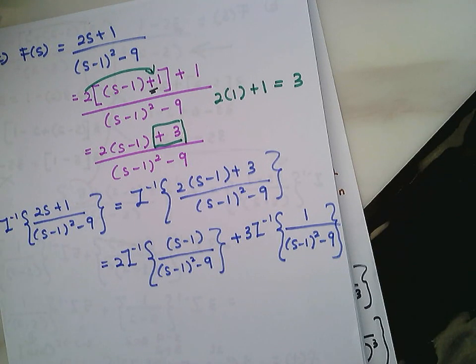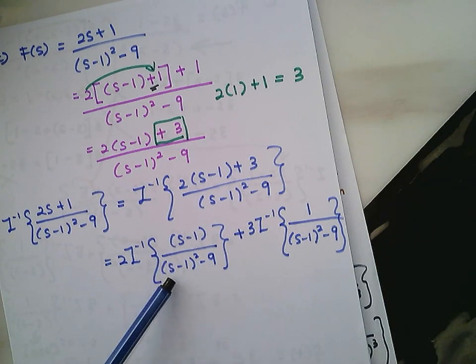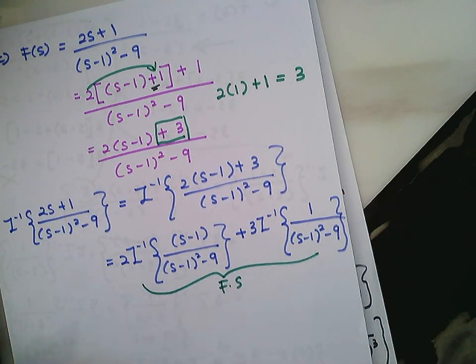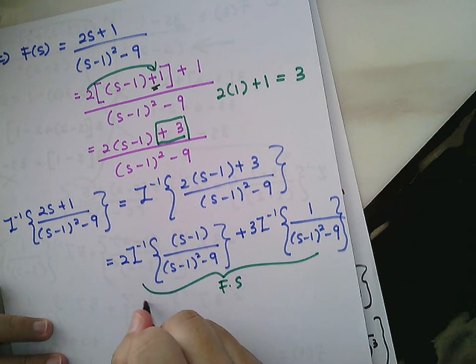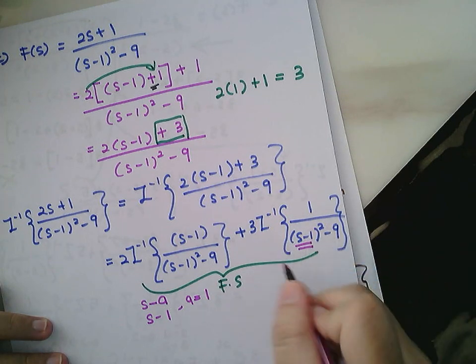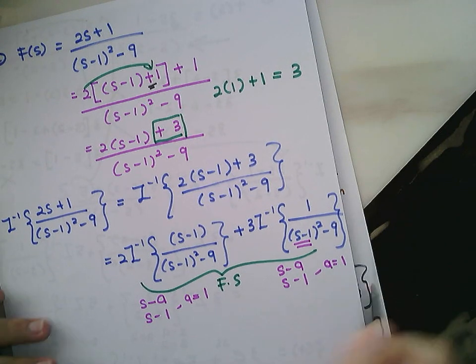Since the numerator part is already equal to the denominator part, only then can you apply first shift properties. So define your A. The general form is s minus A, and what you have is s minus 1, so you know that your A is equal to 1. Same goes for this one: s minus A, this is s minus 1, so your A is equal to 1.